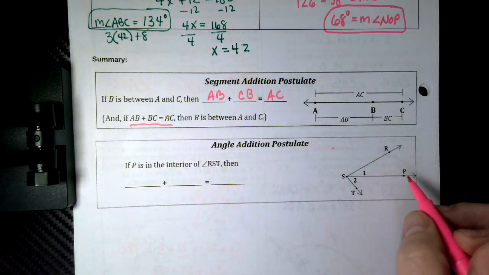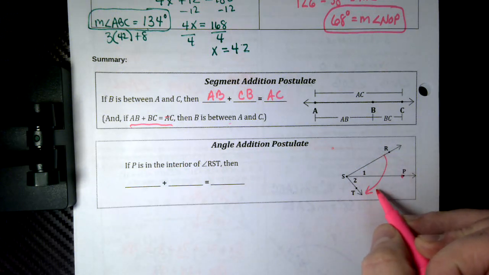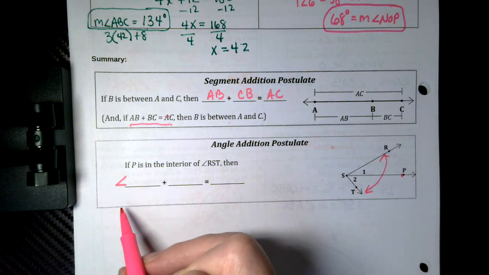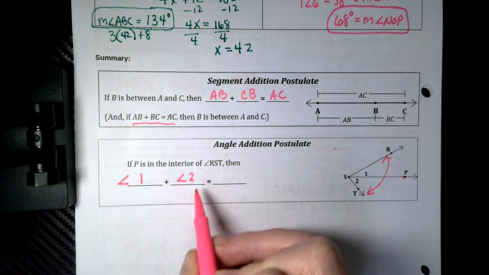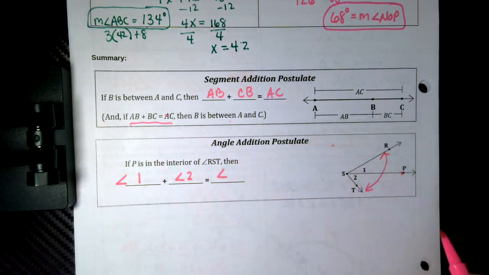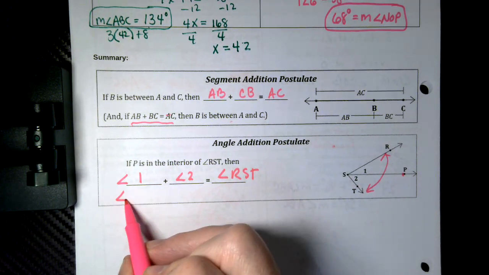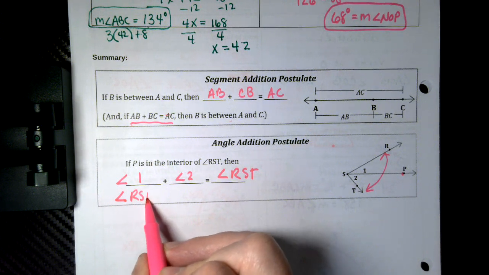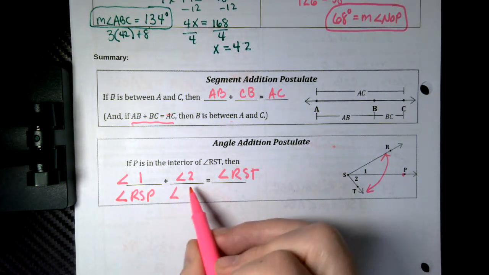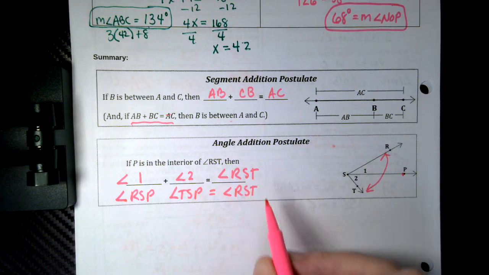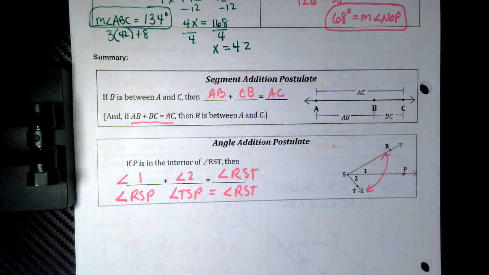If P is in the interior, they just mean P is in between these two rays. Then angle 1 plus angle 2 is equal to angle RST, or angle RSP plus angle TSP. Those are the two main rules that we're going to do.